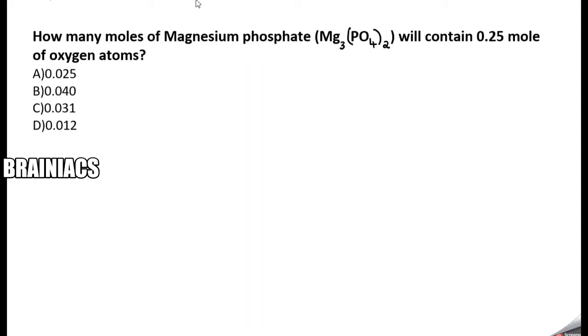First I will talk about one molecule of magnesium phosphate. I will write here one molecule of Mg3(PO4)2, correct?